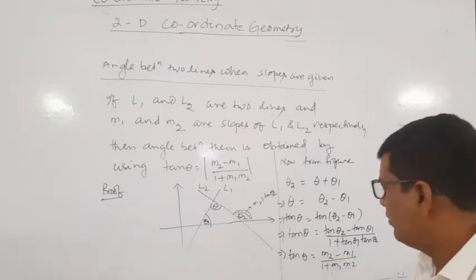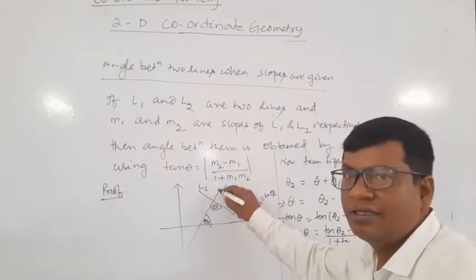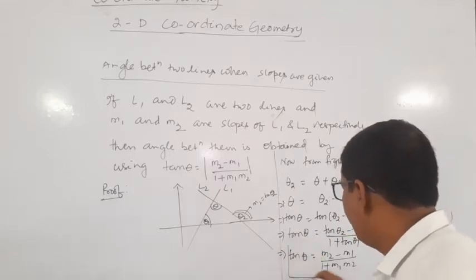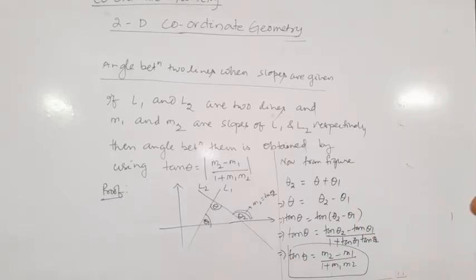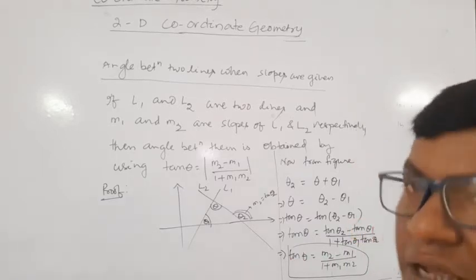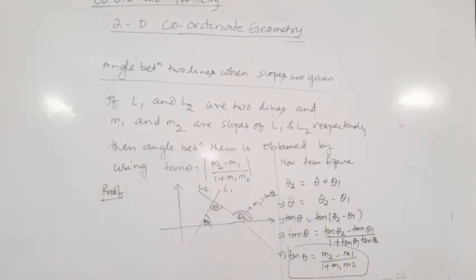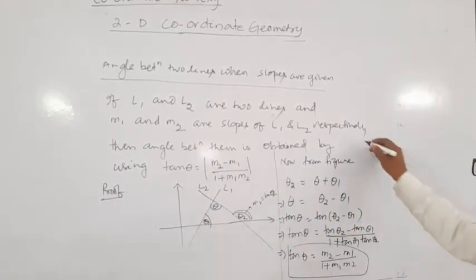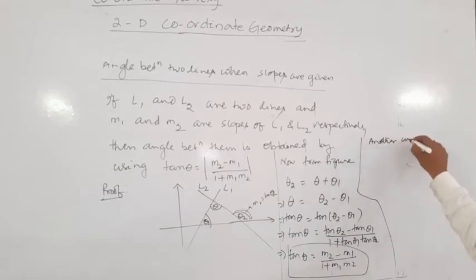Clear? This is theta. This angle is pi minus theta. If tan theta is equal to this, the other angle is also pi minus theta.